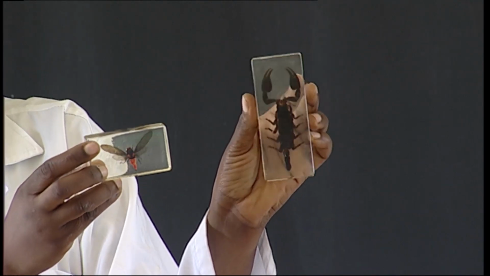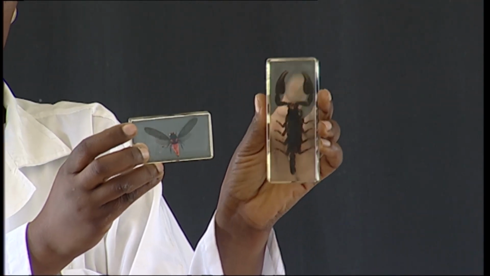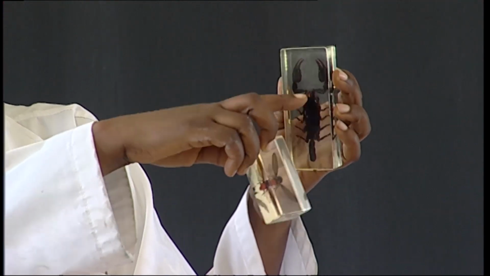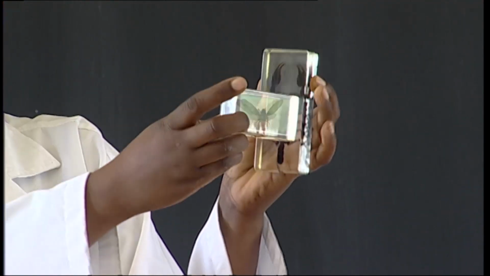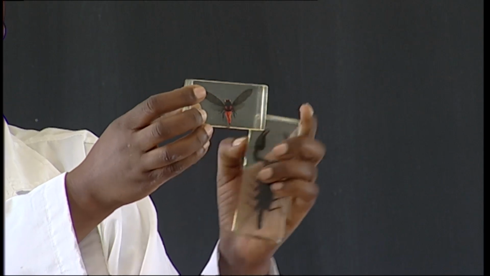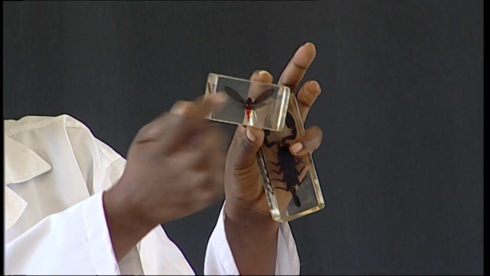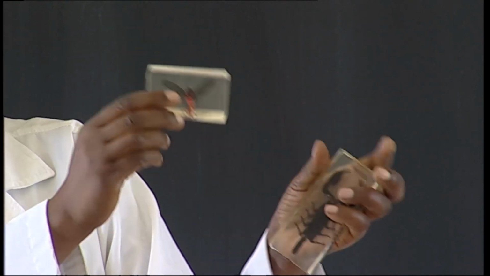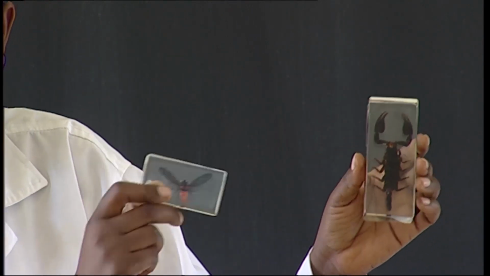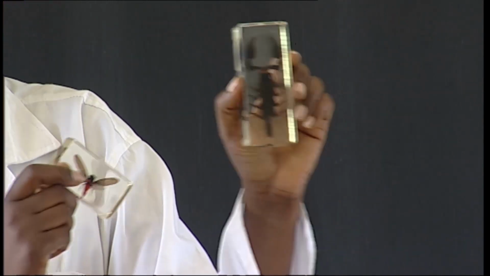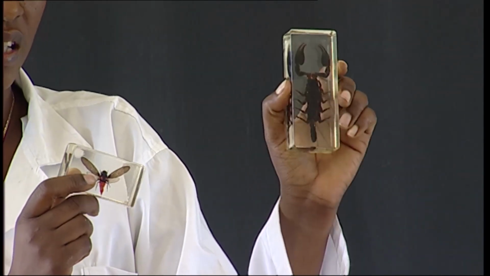Go to antenna. The small projections that come on top of the head: if you look at the insects, they have small projections, two of them. We call them antenna. Insects have antenna, but arachnida don't possess antenna.